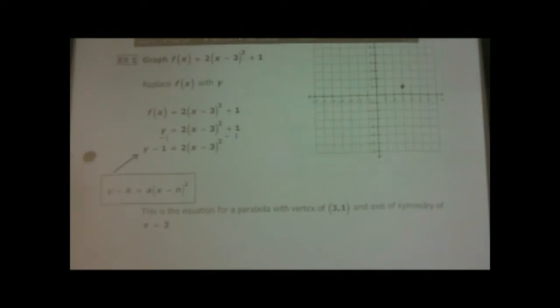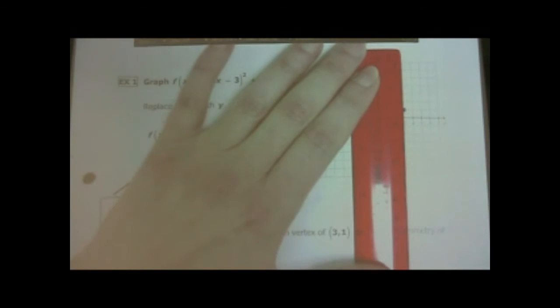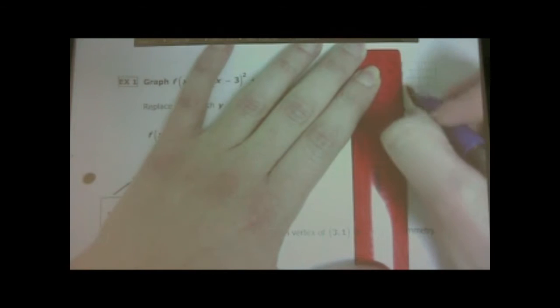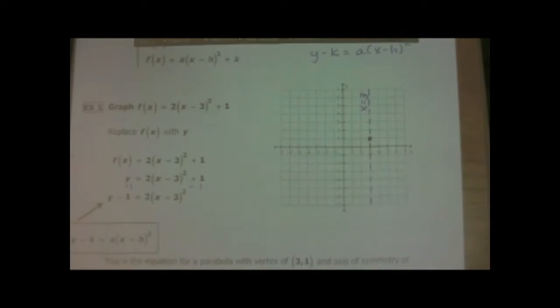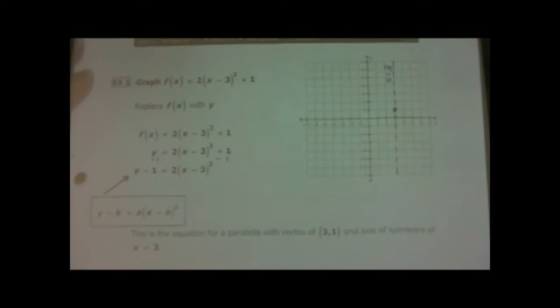Let's draw in the axis of symmetry and label it x equals 3. Now we know that this is going to be concave up, because a is greater than 0, since a is 2. So that means this will be concave up.